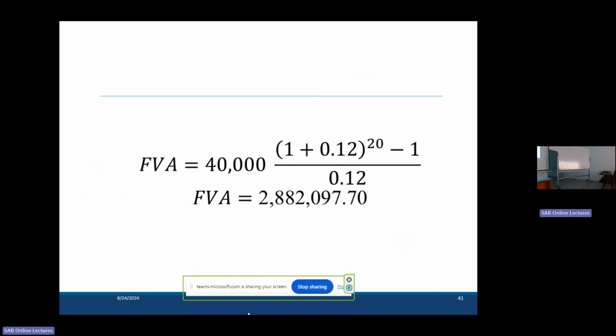2.8 million 82,097 is at the end of 20 years. How much at the 10 years? You can calculate it.